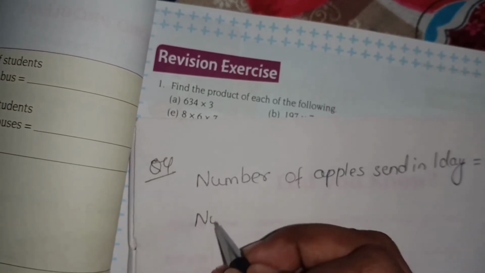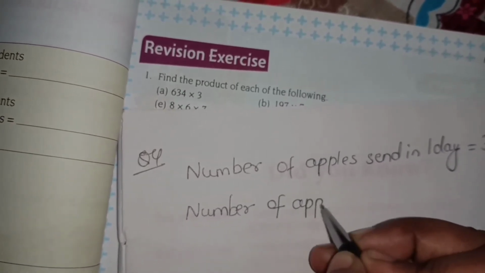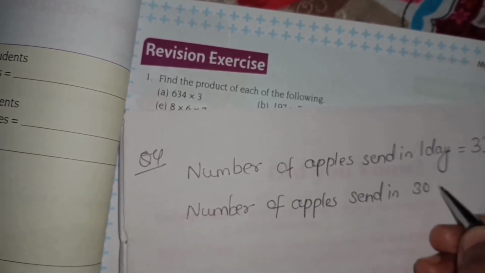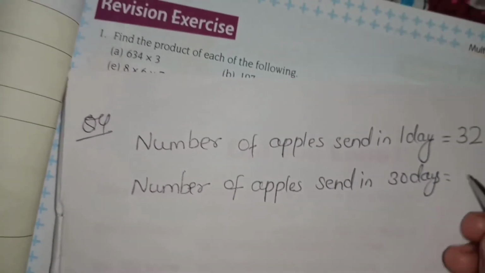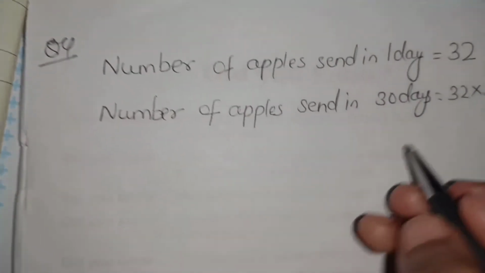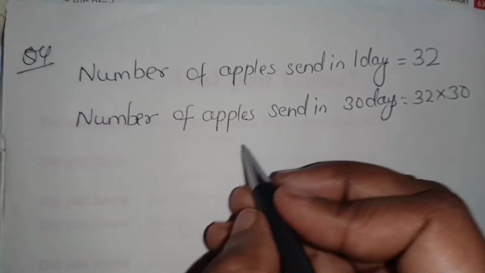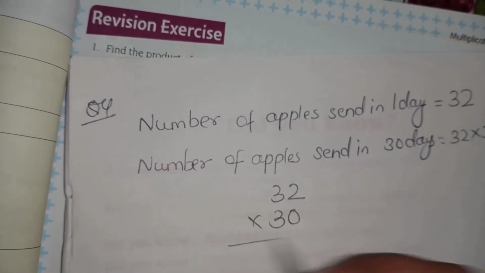Okay, now number of apples sent in 30 days. They are asking for 30 days, so what do you have to do? We have to multiply. Okay, 32 into 30. So you can do this by the shortcut method also, by multiplying 32 into 3, or you can do it this way also. Both the ways are right.